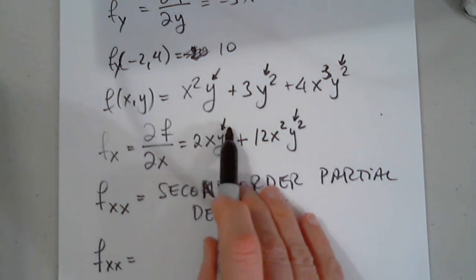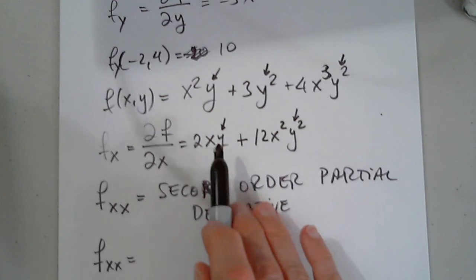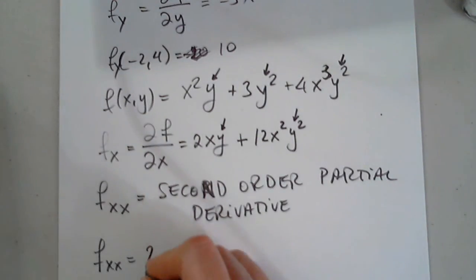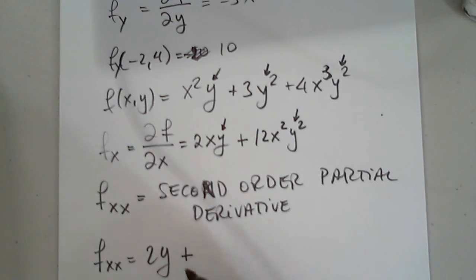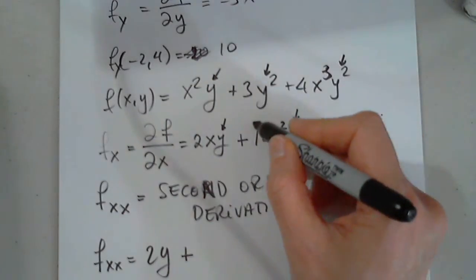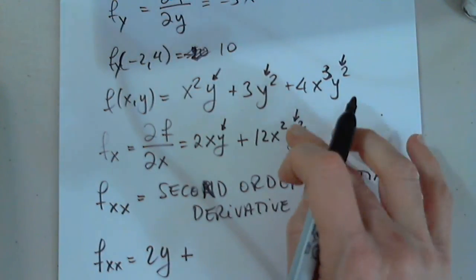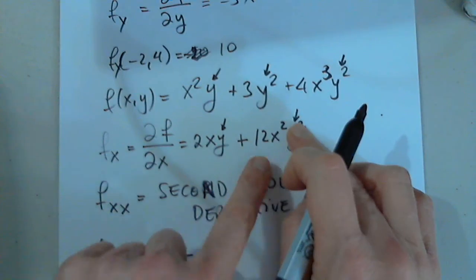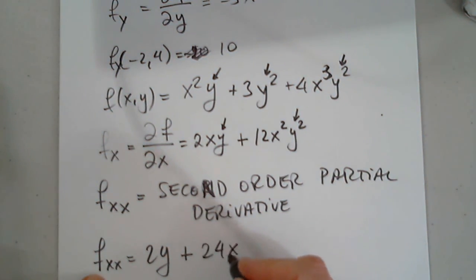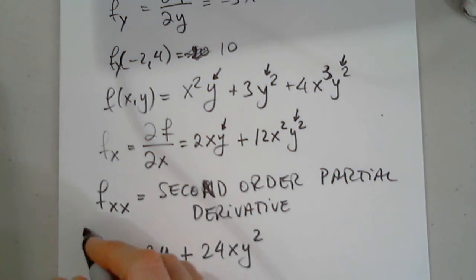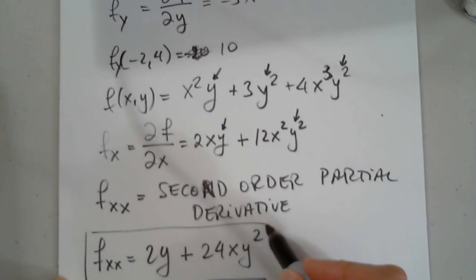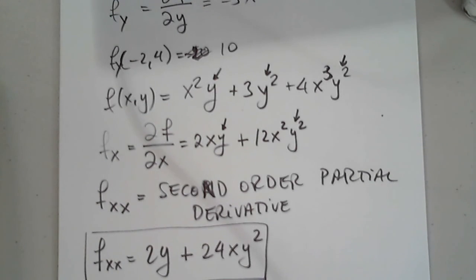So when I differentiate this with respect to x and y is a constant, I just get 2y. Plus, when I differentiate this with respect to x, y is a constant, I bring 2 in front, 24, xy squared. This is the second order derivative with respect to x.